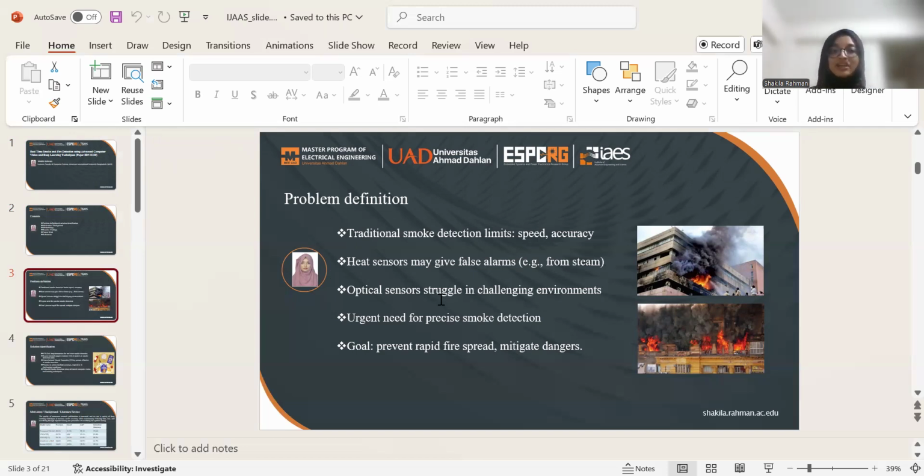Optical sensors also struggle in challenging environments. There is also an urgent need for precise smoke detection. Considering these issues, our goal is to prevent rapid fire spread and mitigate dangers.